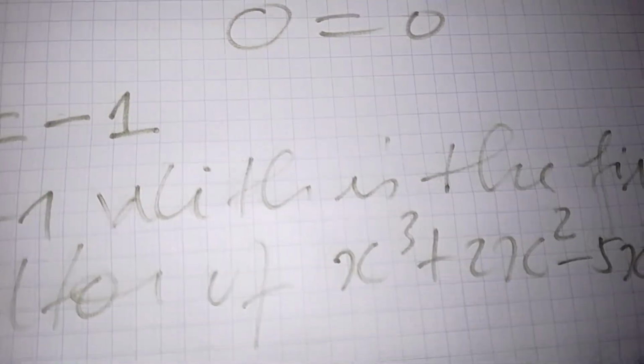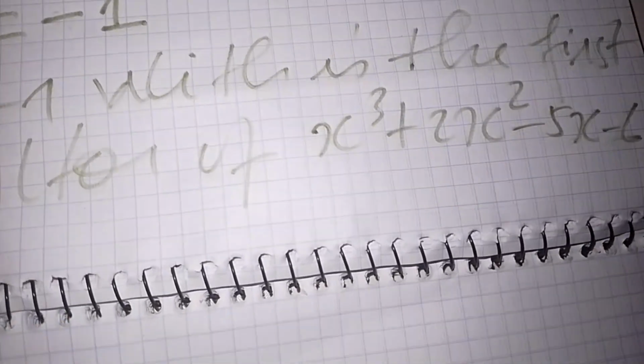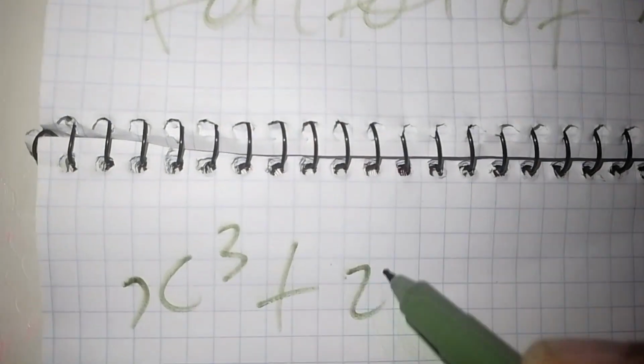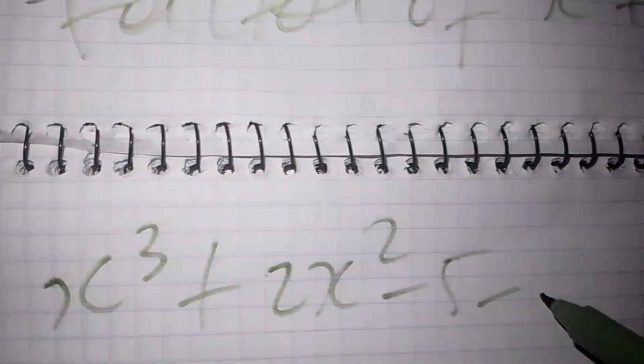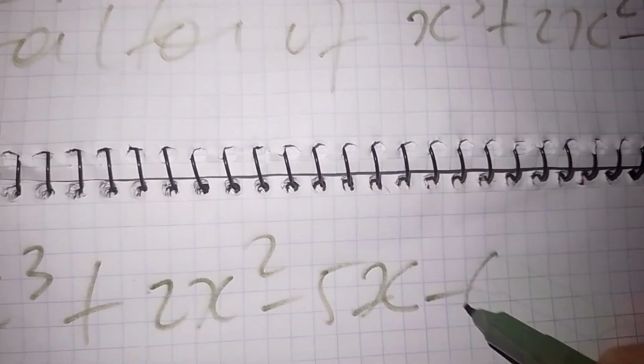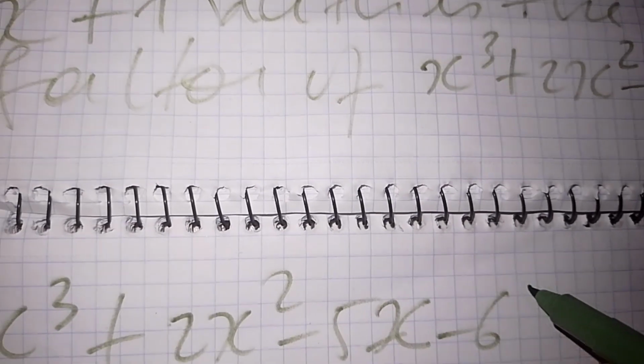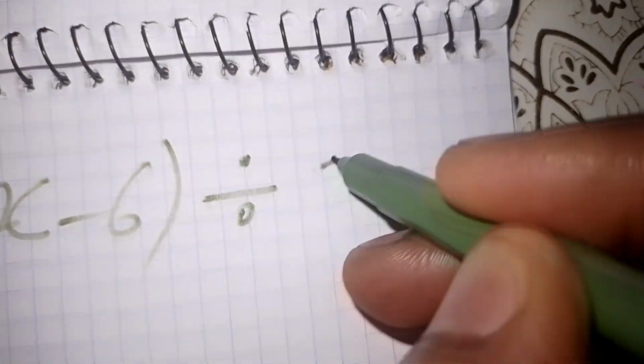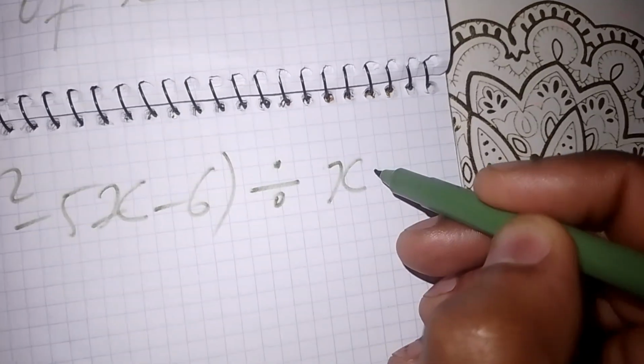Now we are going to find the division of x cubed plus 2x squared minus 5x minus 6 divided by x plus 1.